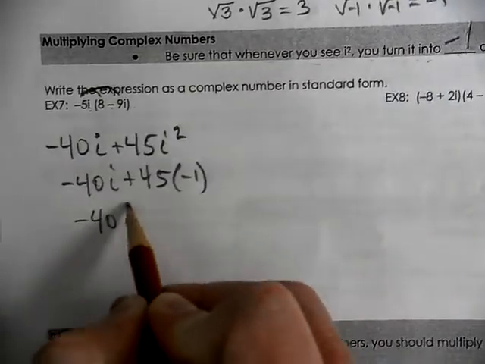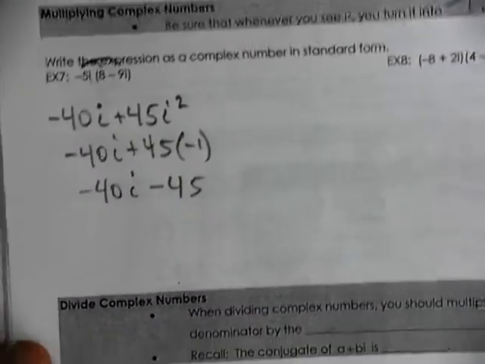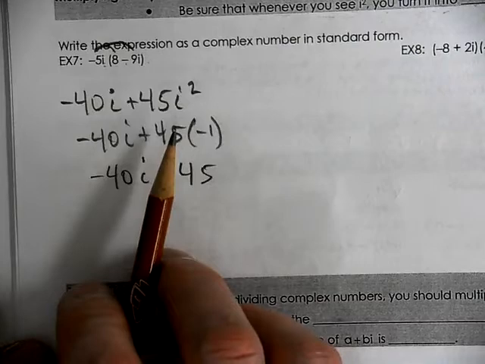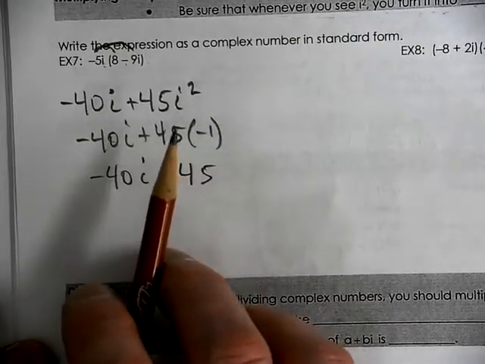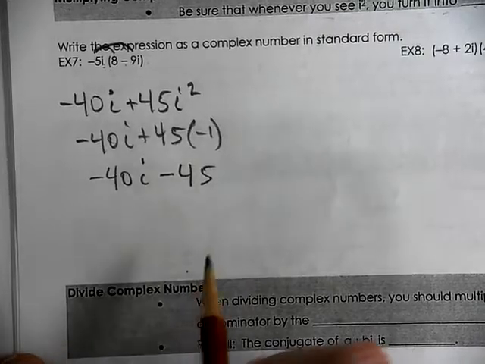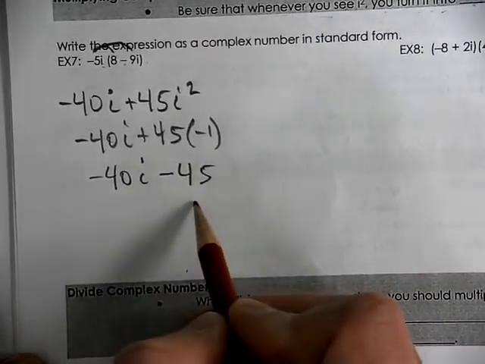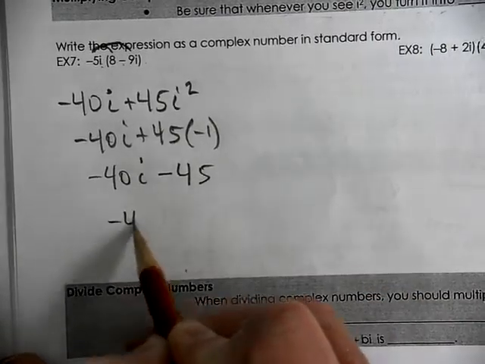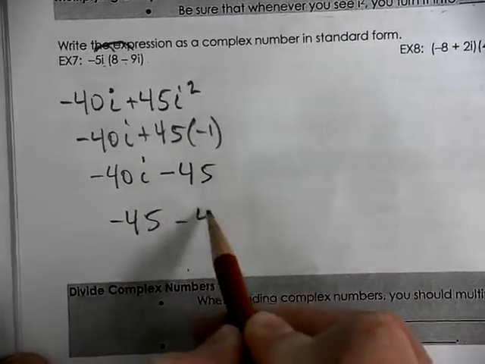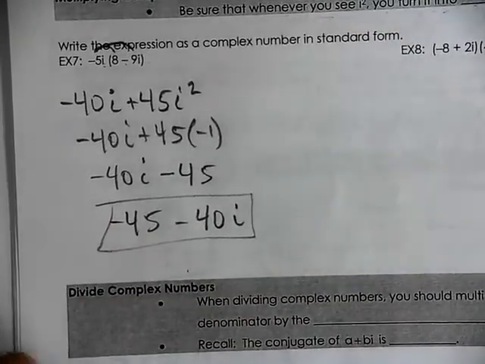So that's going to give us a -45, because 45 times -1 multiplies together to be -45. Then you should put your real numbers first and your imaginary numbers second. So -45 minus 40i should be written in that order.